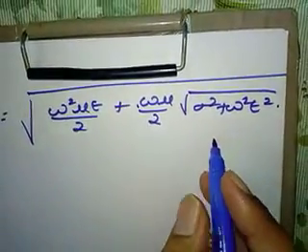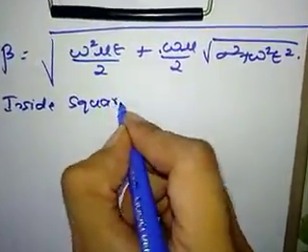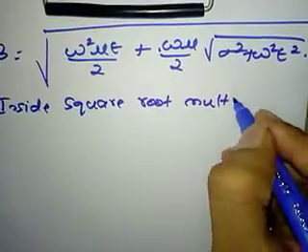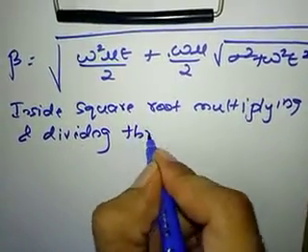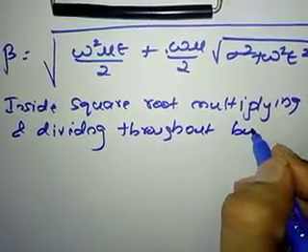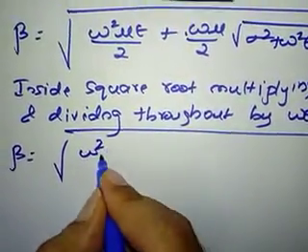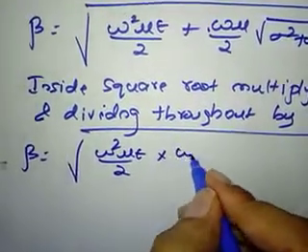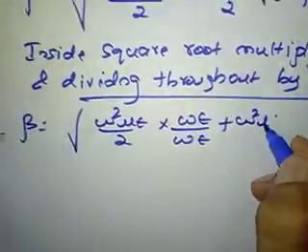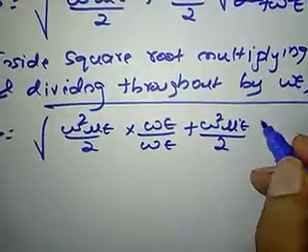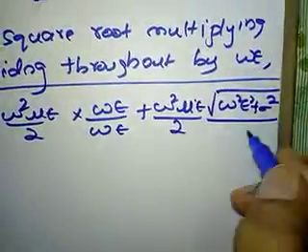Inside the square root, multiplying and dividing throughout by omega epsilon, we get beta equal to the square root of omega square mu epsilon by 2 into omega epsilon divided by omega epsilon, plus omega square mu epsilon by 2 square root of omega square epsilon square plus sigma square, divided by omega epsilon.